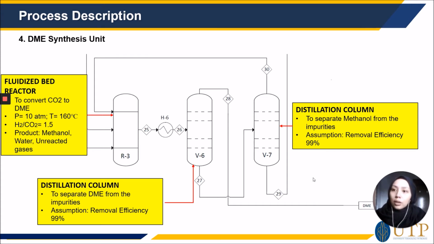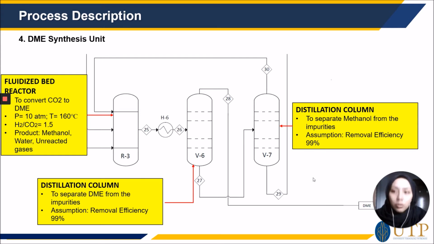The operating condition of this reactor is at 10 atm and a temperature of around 160 degrees Celsius. From the literature review, the H2 over CO2 ratio for the feed is around 3. However, from our simulation, we only need a 1.5 ratio. This is due to the high purity of carbon dioxide, which is coming from the stripper.